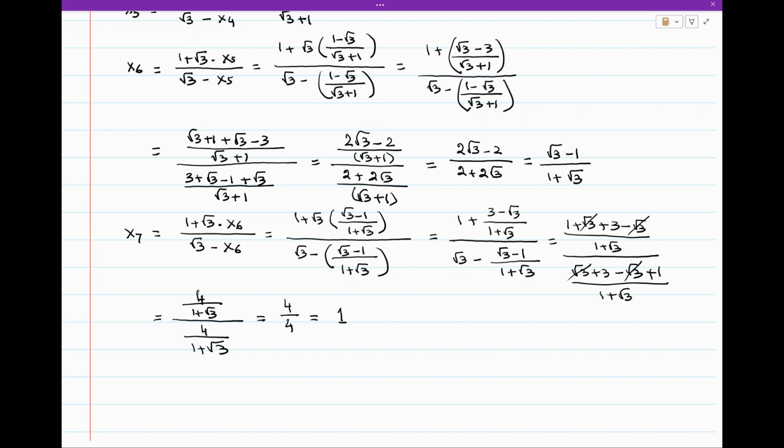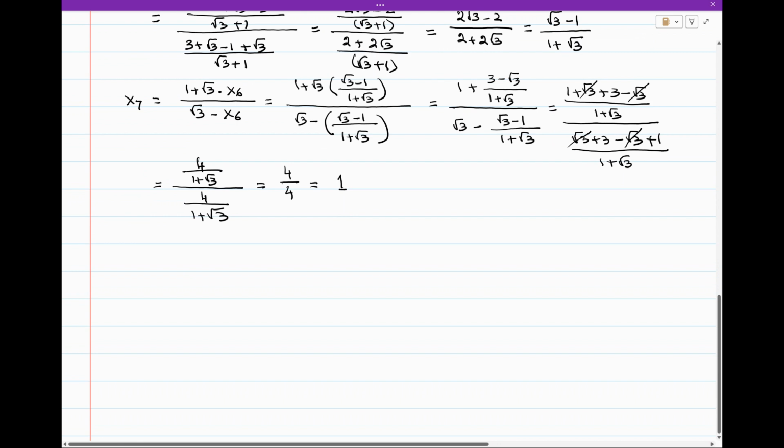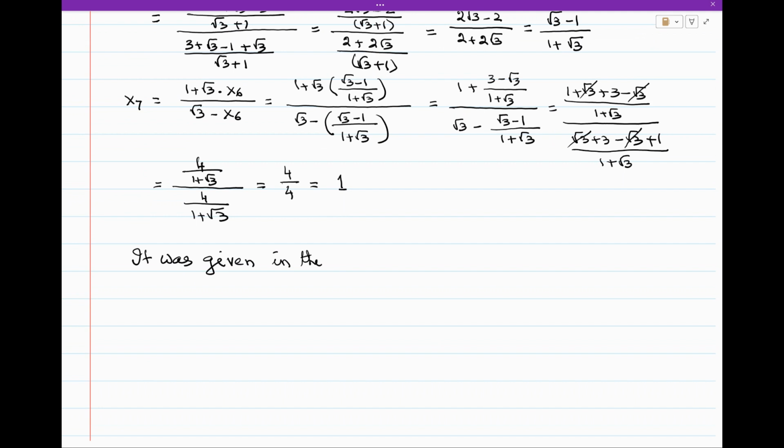If we note that it was given in the question that x1 is equal to 1, and here we get x7 is equal to 1.